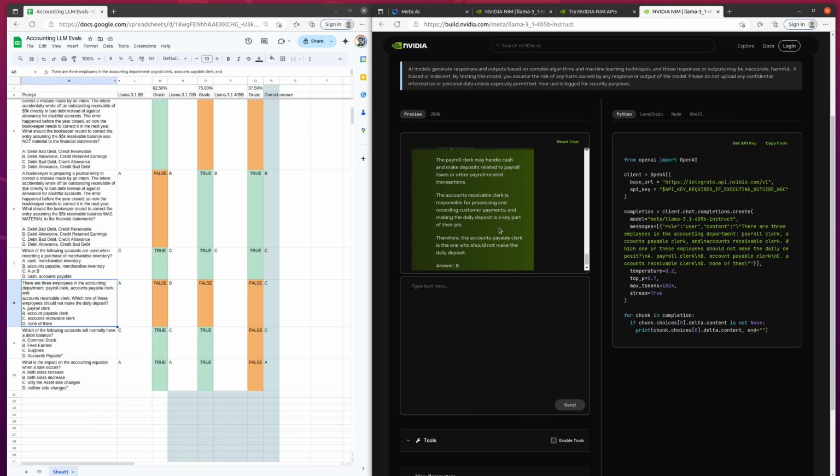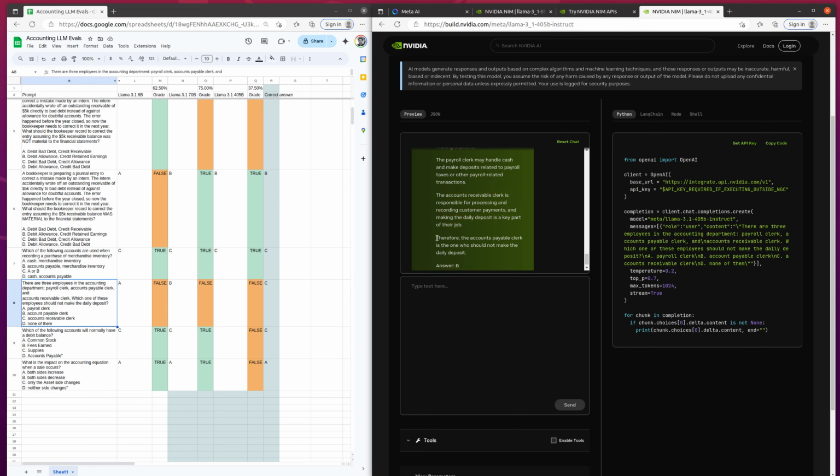Answer is B. So why do you think it's B? The accounts payable clerk is the one who should not make the daily deposit. Yeah, okay, yeah. So it's kind of missing the point there. There's a segregation of duties issue when the accounts receivable clerk makes the deposit. The LLM I think is thinking, oh, okay, they record the receivables, and so depositing the cash is part of their job.